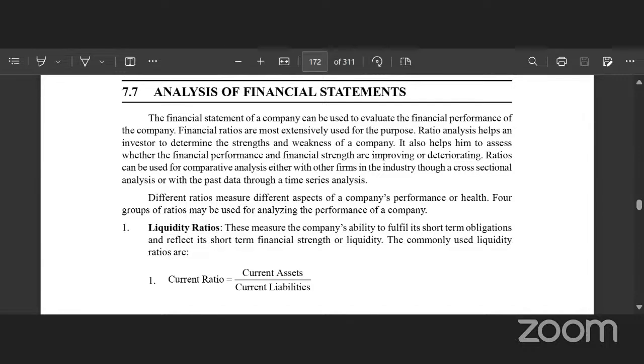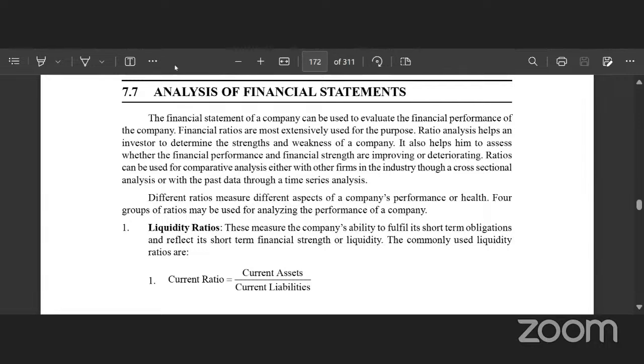So yesterday we discussed the two important aspects of fundamental analysis, that is the economic analysis and industry analysis, and we have seen some issues related to company analysis also. So today we'll spend some time on analyzing the financial statements. Any listed company will generally prepare financial statements quarterly and submit the reports.